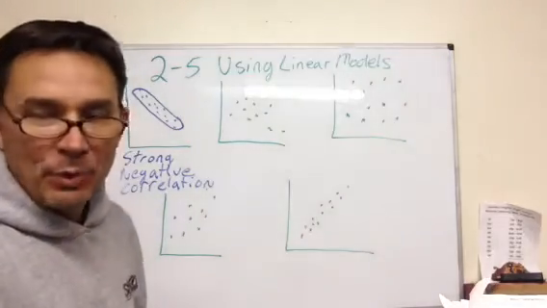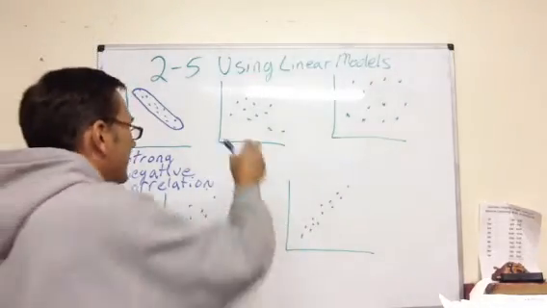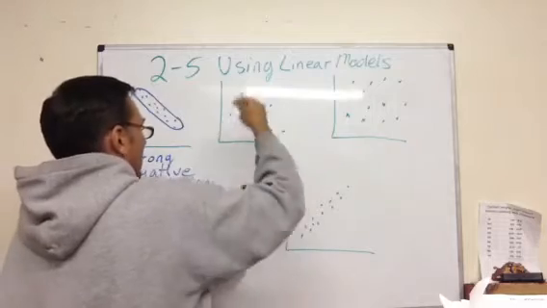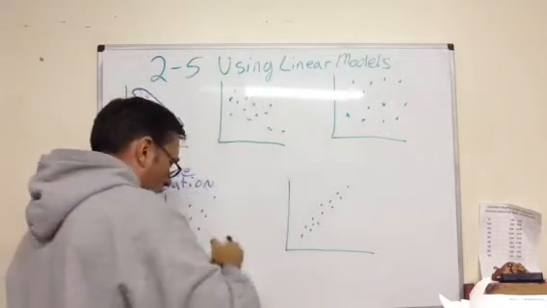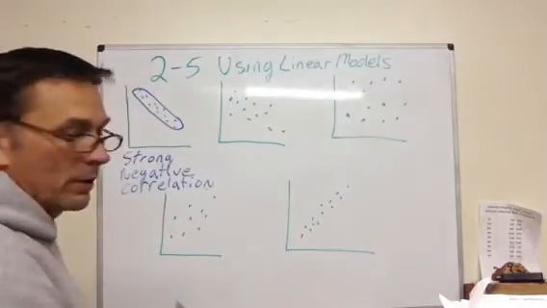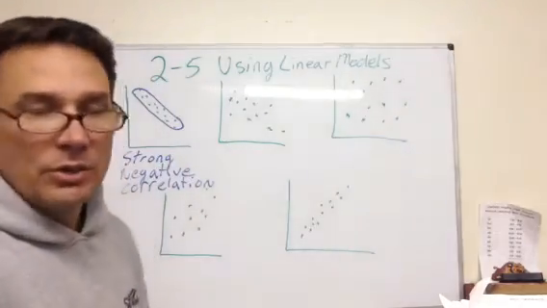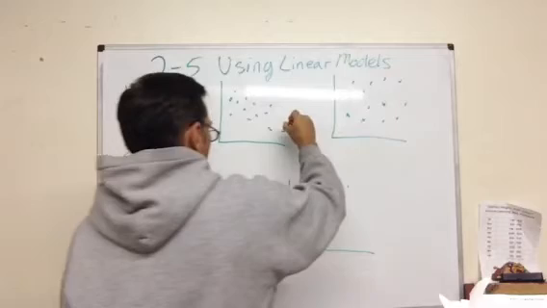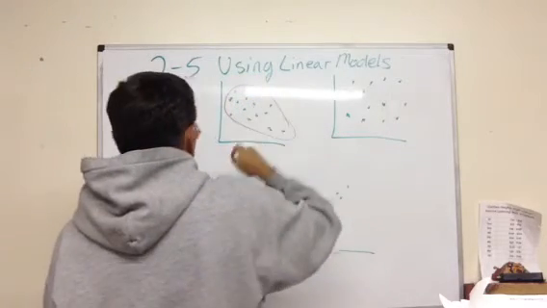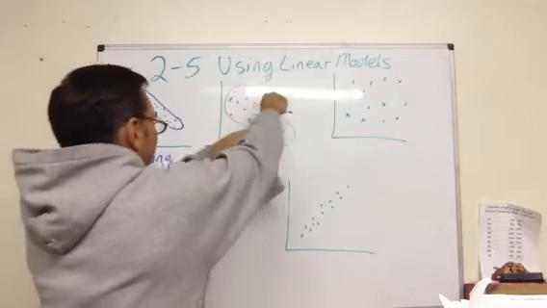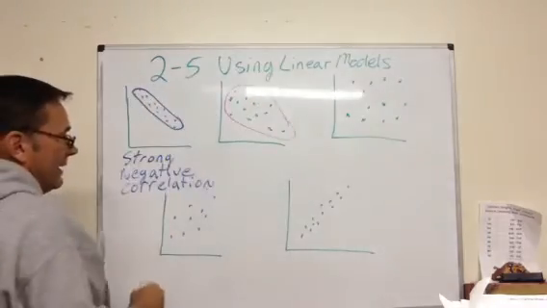The next example we have is we can see the dots are still going down, but they're not as close together if we were to fit them on a line. So if we put a circle around them to enclose everything, you can see that this is a lot more round than this.